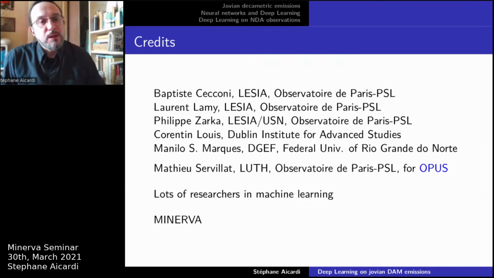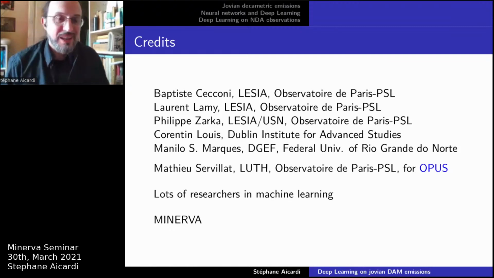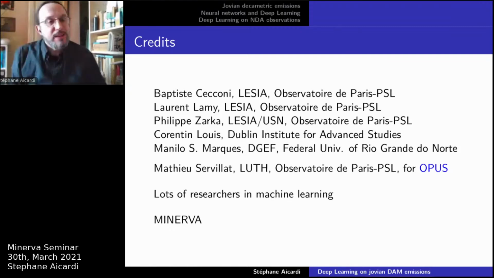And I will present something that uses a portal built by Mathieu Servillat, which is here. Hello, Mathieu. This work is obviously built on lots of research in machine learning, so I didn't have the space to cite them all. And I'll thank Minerva for its support and its beautiful hardware.